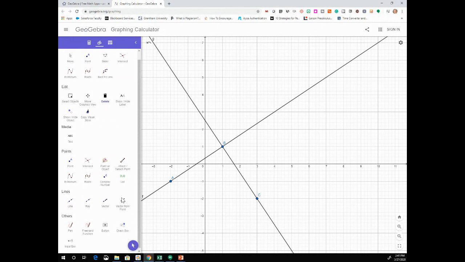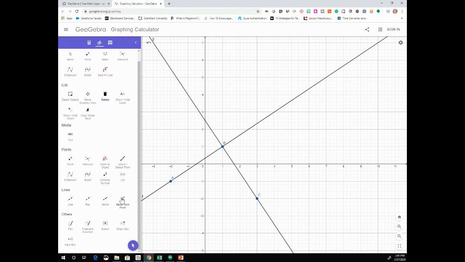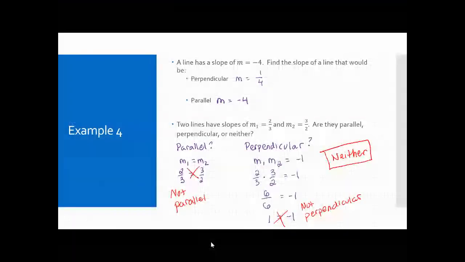Does that help with the perpendicular, the parallel, and the neither? I'm going to hope it does.